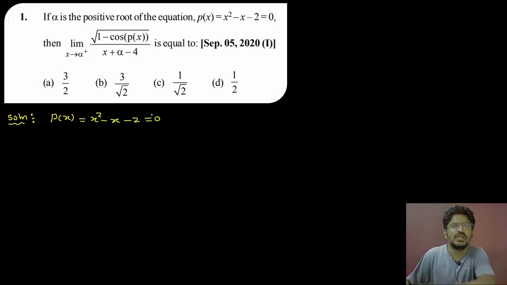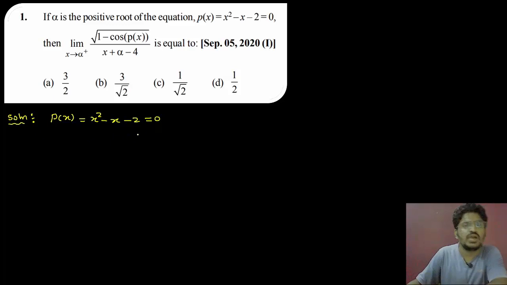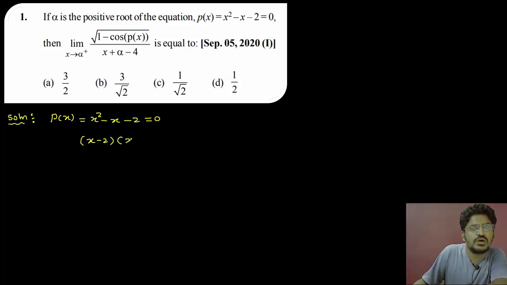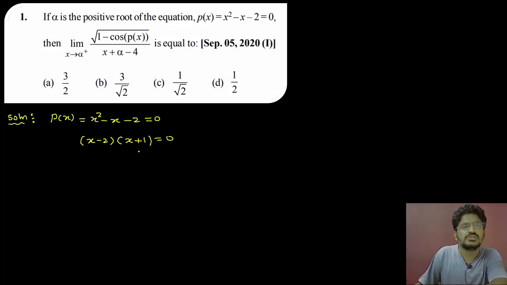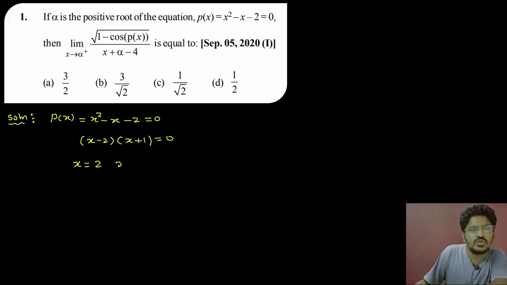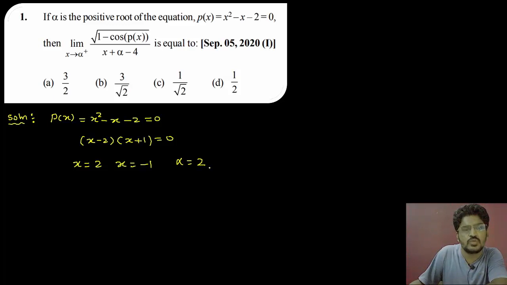To simplify this equation, we have to factorize x square minus x minus 2, so that will be x minus 2 into x plus 1 equal to 0. Now x will be equal to 2 and x will be equal to minus 1, and they have given that alpha is the positive root, therefore alpha is equal to 2.